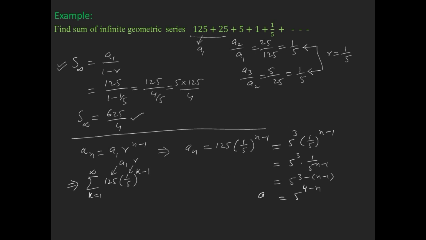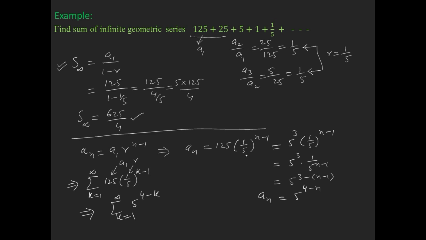So this is the nth term, and this series in sigma notation can be written, if we are using this final form of the nth term, like 5 power 4 minus k. And again, this is the same thing.